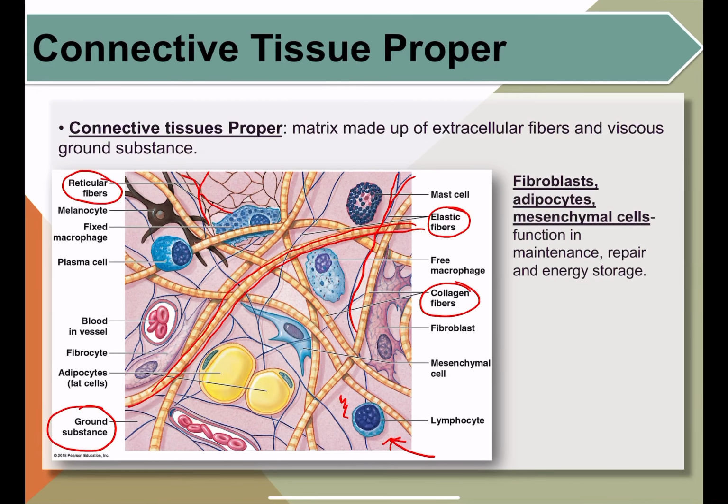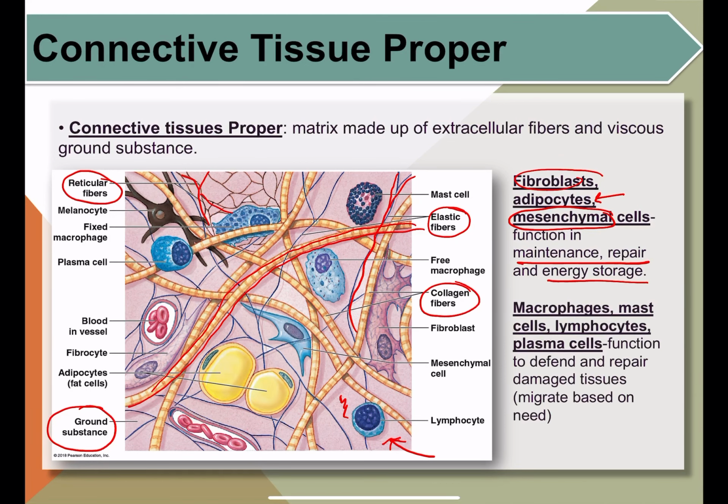So the types of specialized cells in this type of tissue includes fibroblasts, mesenchymal cells. So fibroblasts and mesenchymal cells are both in charge of maintenance and repair, whereas adipocytes are in charge of energy storage. And we'll talk about each of these in detail in a bit.